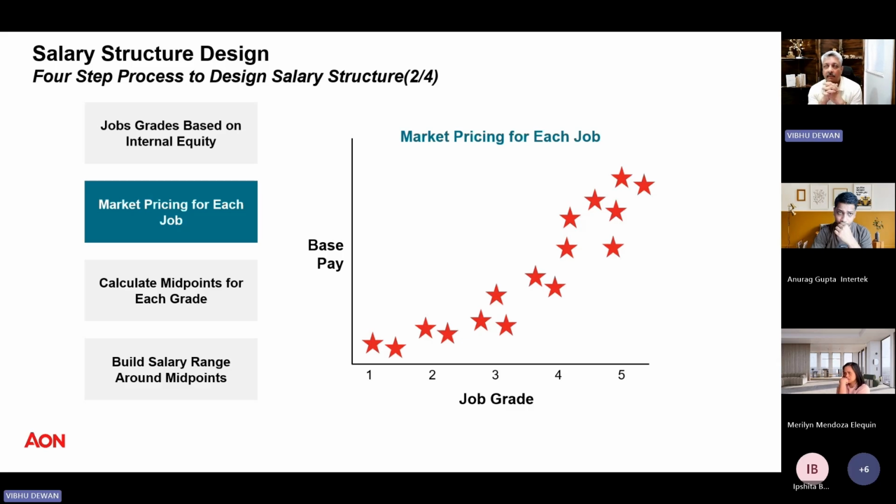Say, for example, if you are into the latest technology like Gen AI, or you are someone from actuarial science, from the financial background, they are generally paid higher. Even at a lower grade, you are paid higher because that's where you do the market pricing. While the person may be at a lower grade, the price is higher. So that's the second step that we follow.